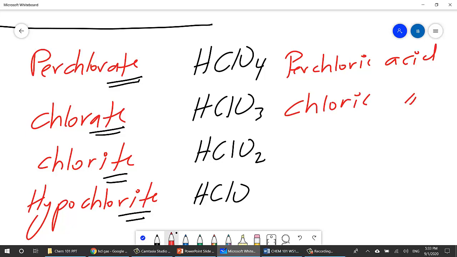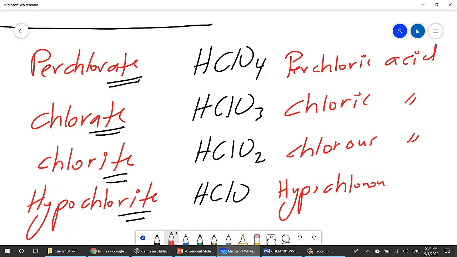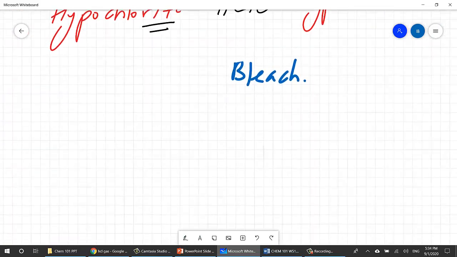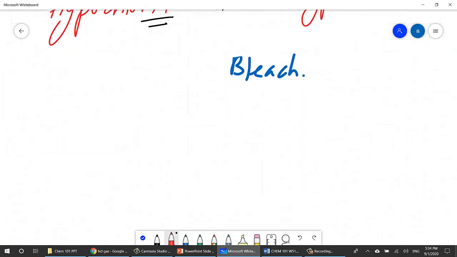This is chlorite, so chlorous acid. And hypochlorite, that means hypochlorous acid.